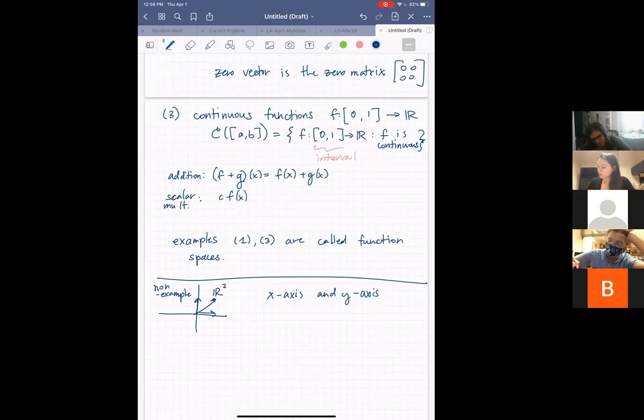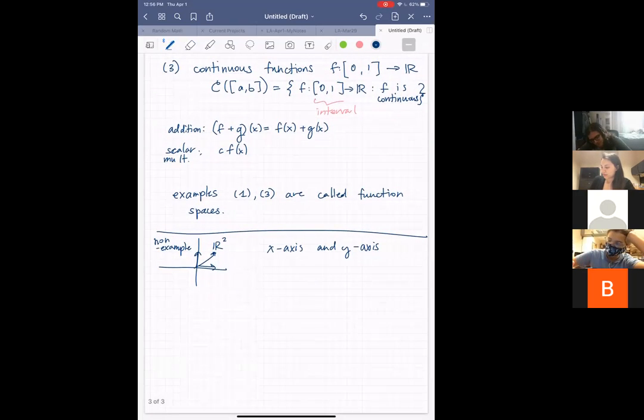Okay, so we not only have... So maybe I'll just finish this up with some words. This is not a vector space.